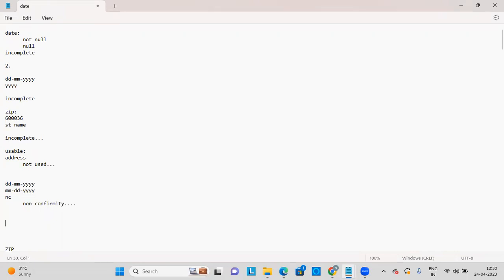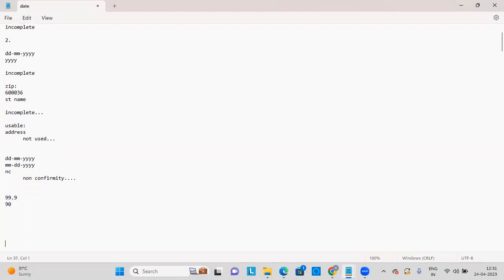In that case, non-conformity. For example, the business expects 99.99% accuracy, but we got only 90% accuracy. So there's a non-conformity. This is from the accuracy point of view, right? And another one. Let's say we expect a deviation of only 0.9, but we got 0.99.